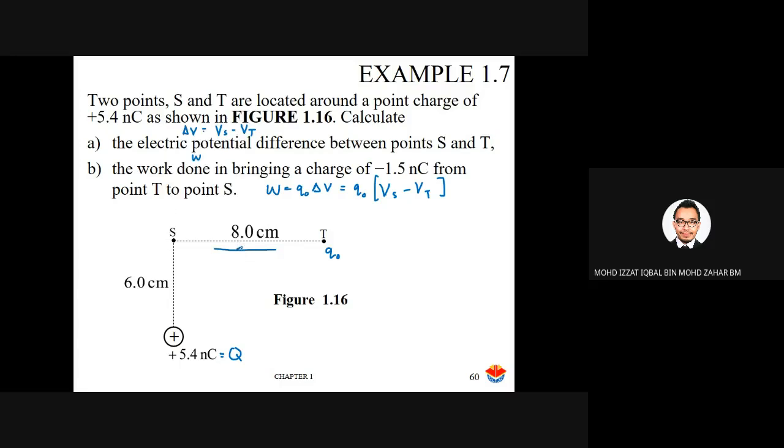Okay. Since the distance between this one and this one has a different length, kamu boleh nampak this one actually longer, this one is shorter.